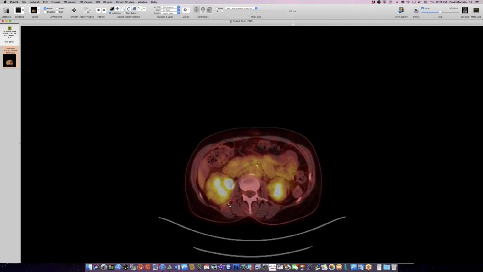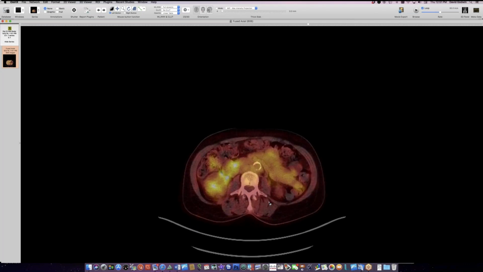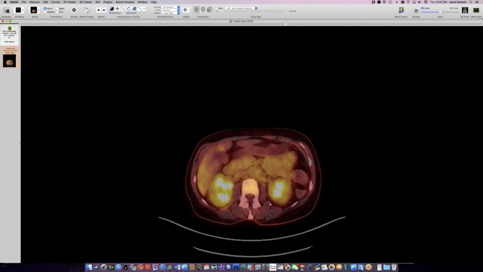We know that this is a macrophage and fibrotic response under the microscope, and I think we're probably able to distinguish what's fibrotic and what's active macrophage inflammation by the activity on PET. Interesting. This is the first time I've seen a PET for Erdheim-Chester.